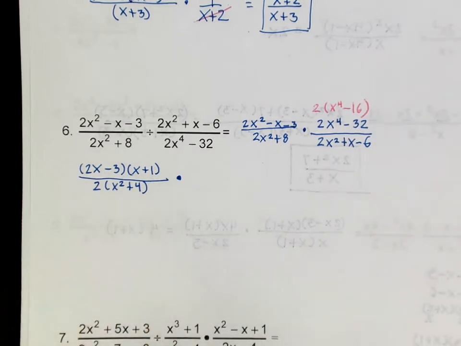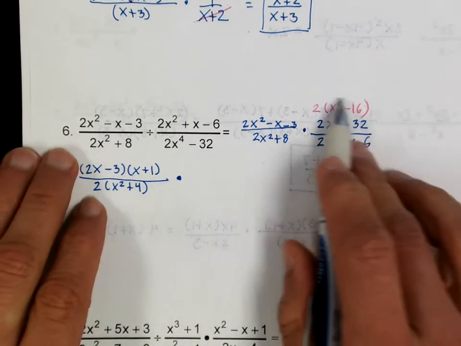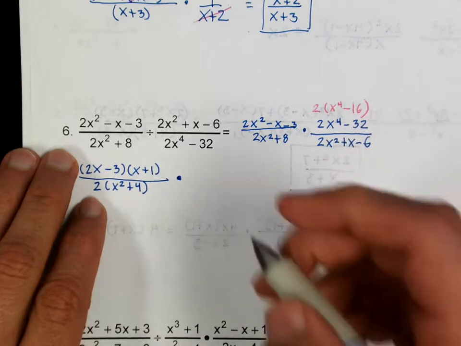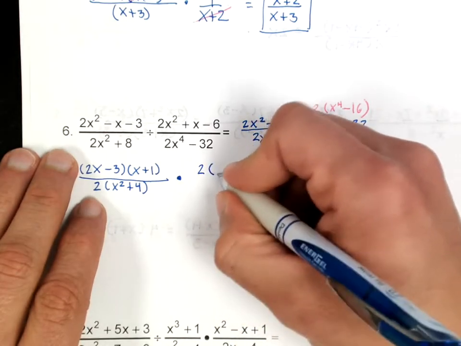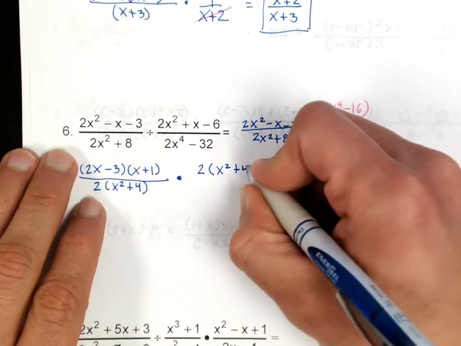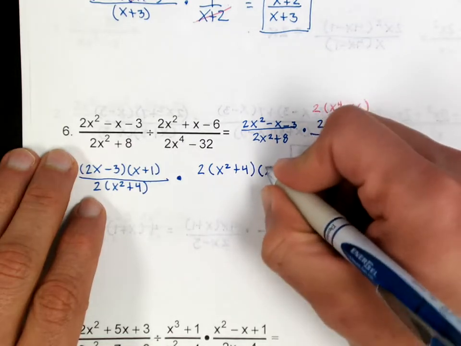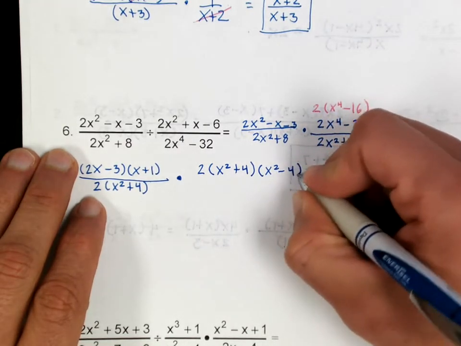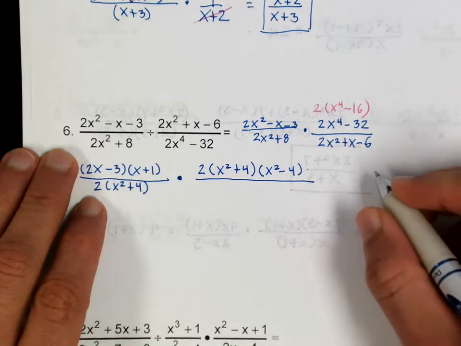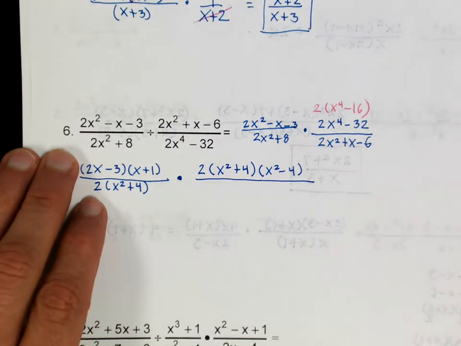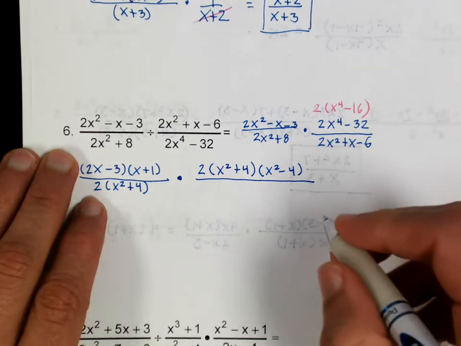So that's what I would do first, but then this right here will become x squared plus 4, x squared minus 4, all of that over, let's see what we got here.